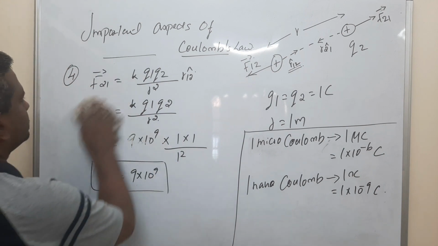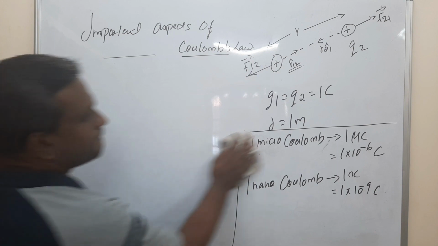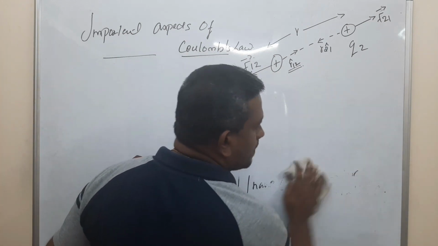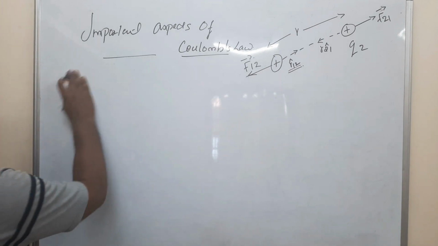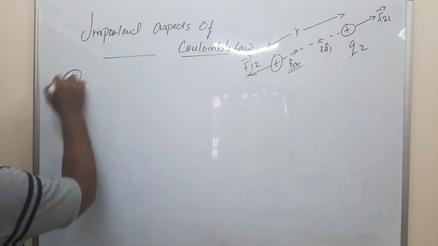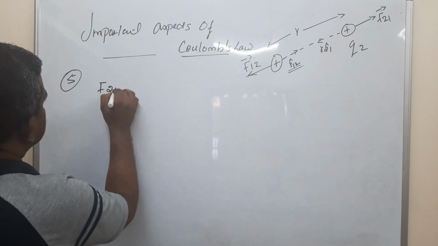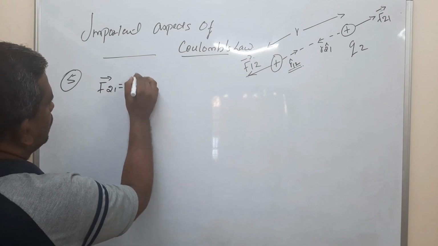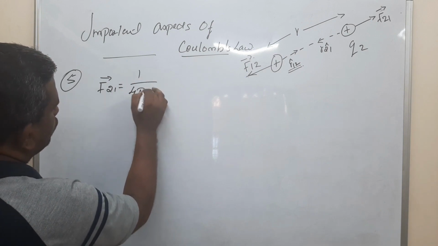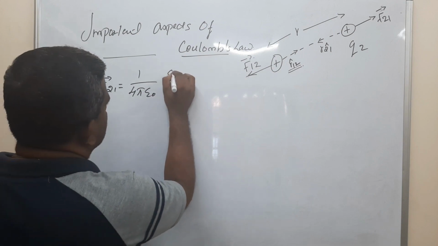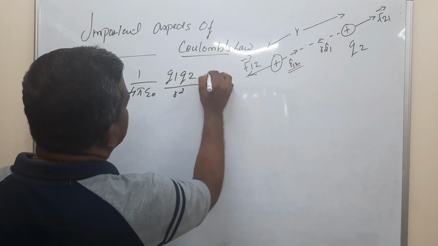So the next point. F21 vector is equal to 1 by 4 pi epsilon 0, q1 q2 by r square into r12 cap.